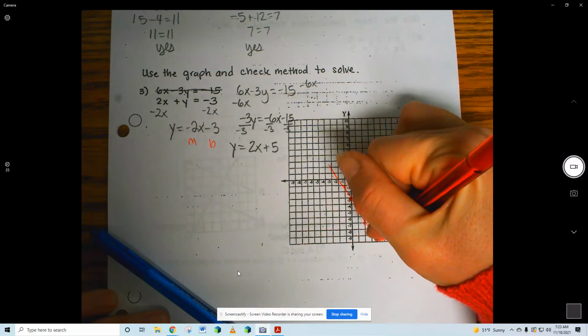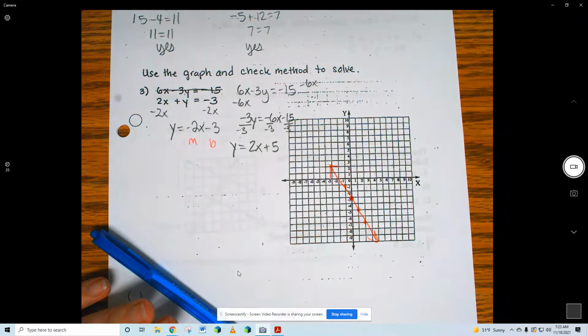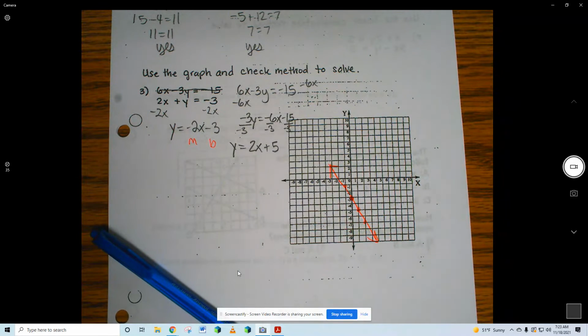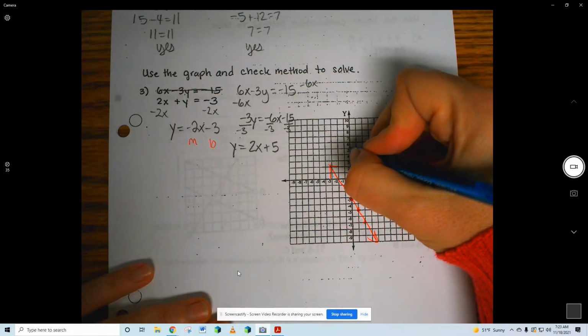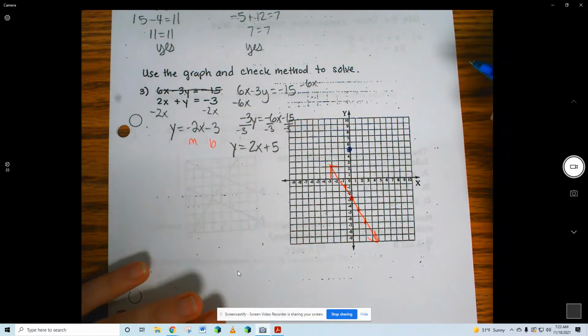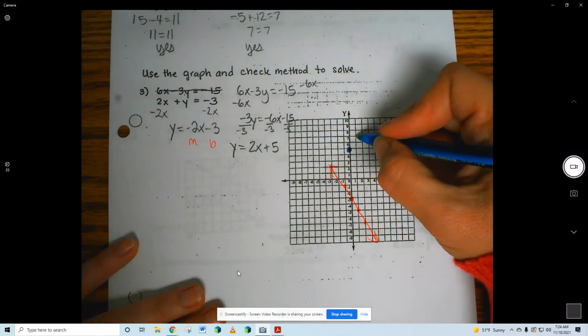There's no dotted or solid here because it's not an inequality. It's an equal sign. This next one, begin at 5. Up 2 over 1. Well, I don't even think I made my red line long enough.